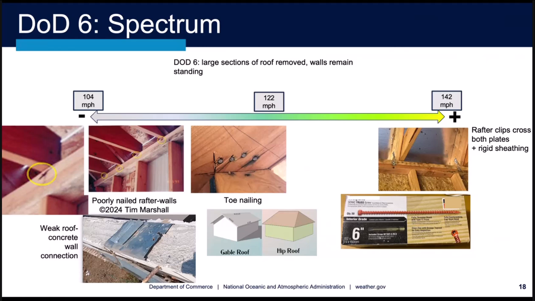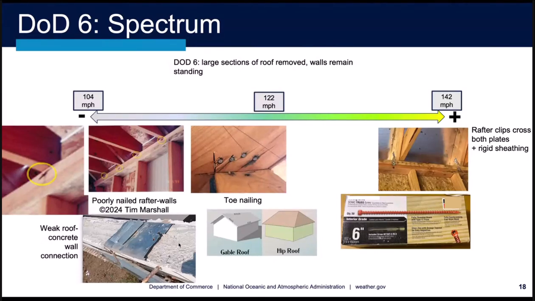So with that said, if I look at the spectrum for DOD 6, from the low end is poorly nailed rafter to wall connections. As you can see, these things here barely go through the top plate, mostly missing the mark. If you get that kind of common behavior, the roof is little more than just resting by gravity.